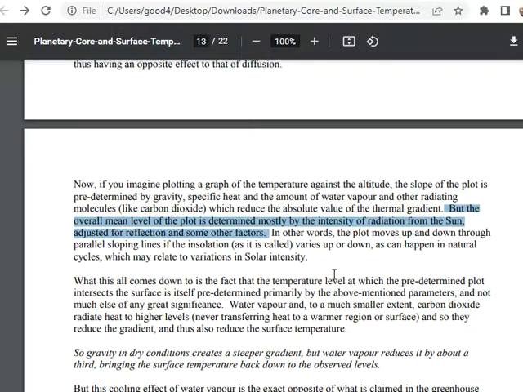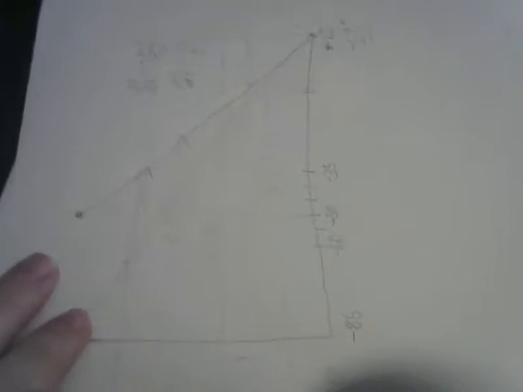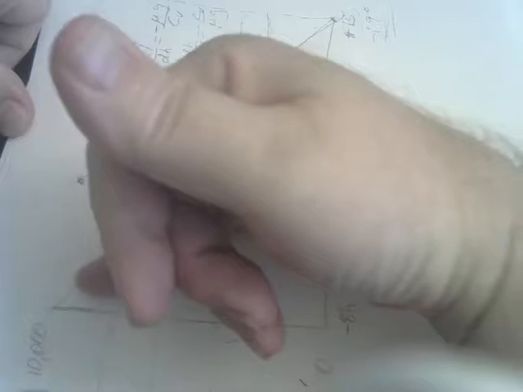Okay, so he's graphed it on the other axis than us, and he says that the overall mean level of the plot is determined mostly by the intensity of radiation from the sun, adjusted for reflection and some other factors. So what I'm going to do is just turn the plot sideways. The amount of radiation coming in, I even drew the arrows intuitively as though they were coming sideways into the system.